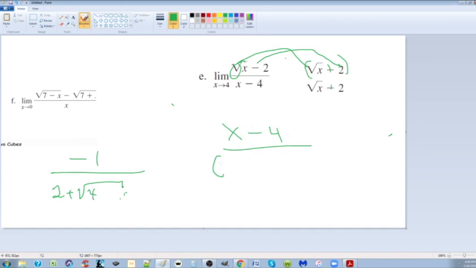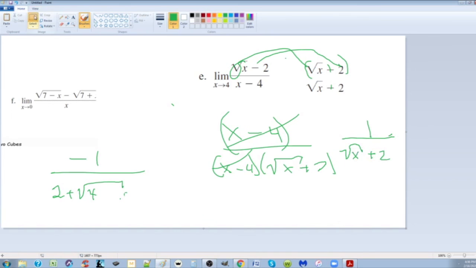All over, and just keep the x minus 4 times the square root of x plus 2. And you can see that these cancel out, and I'm left with 1 over the square root of x plus 2. And when x becomes 4, that's what I get, and it becomes positive 1 over 4. So that means the limit of this as x approaches 4 is 1 over 4.